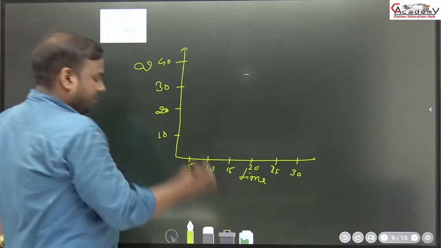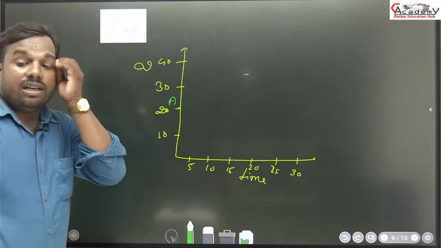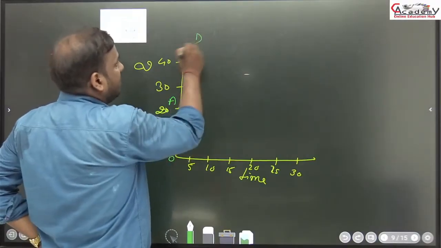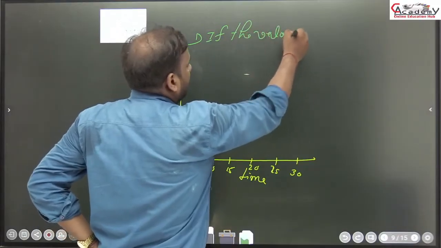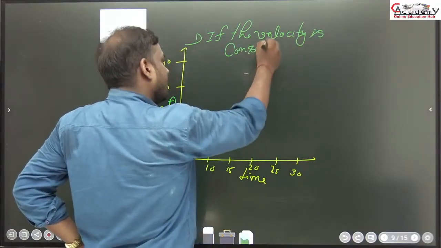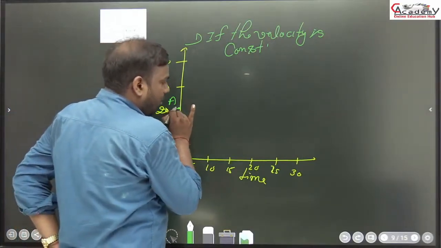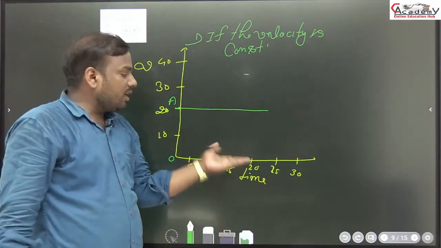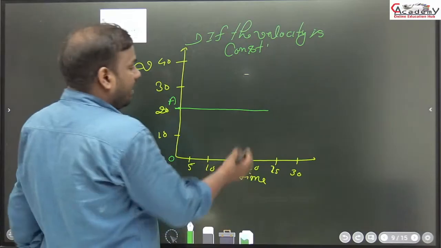That's the point A. If the velocity is constant, that is the point O, if the velocity is constant, it means the body moves with constant velocity, then we get a line parallel to the x-axis.